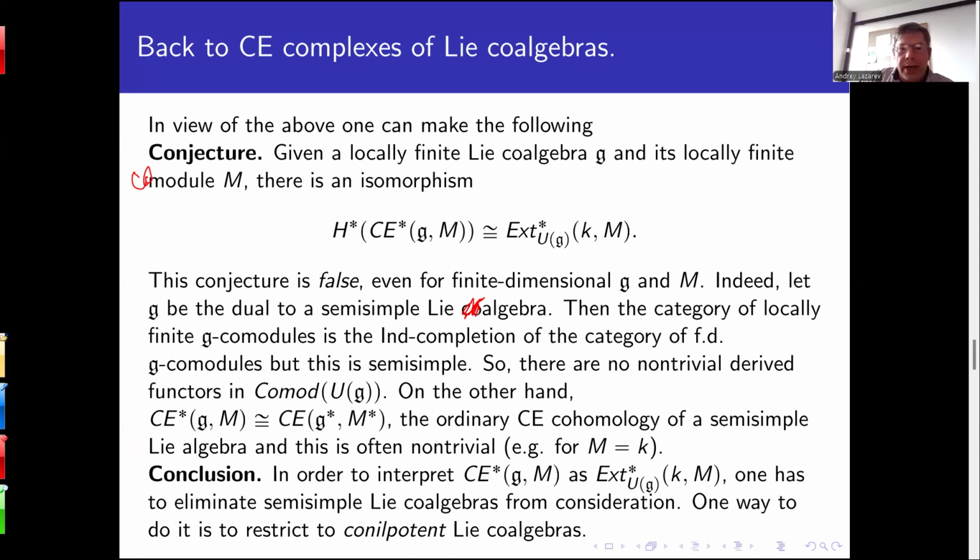So this example shows quite definitively that we have to eliminate from our consideration semi-simple Lie coalgebras as well. So not only locally finite Lie coalgebras, but also semi-simple ones. One way to do it, if we want this result to be true, is to restrict to conilpotent Lie coalgebras.